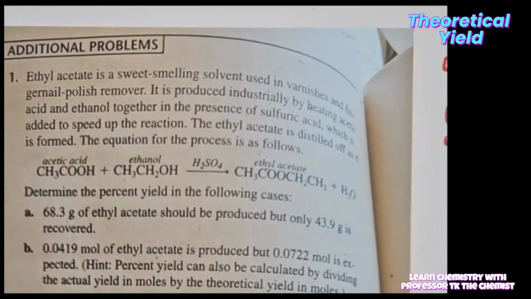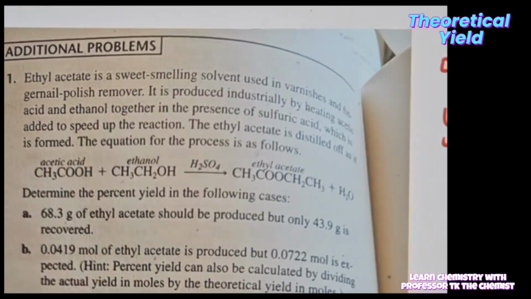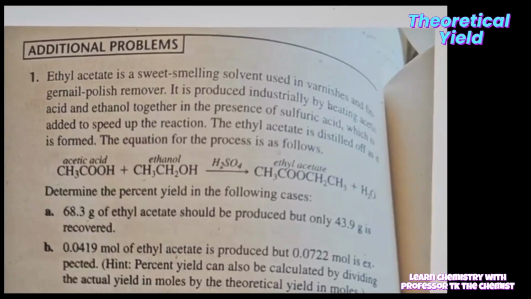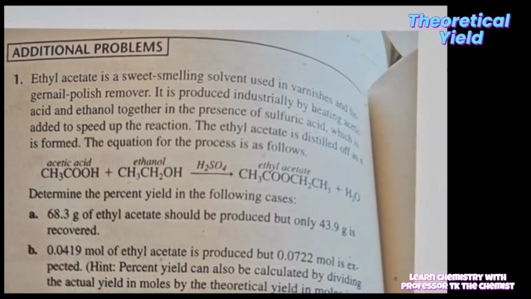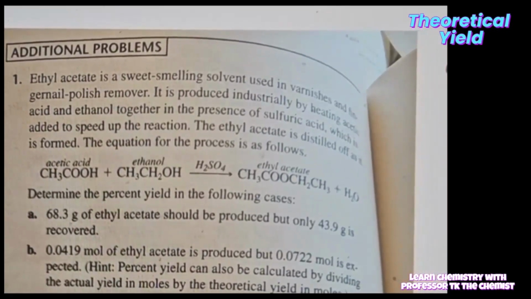Don't let all these words scare you. Letter A says, determine the percent yield in the following cases. 68.3 grams of ethyl acetate should be produced, but only 43.9 grams is recovered.